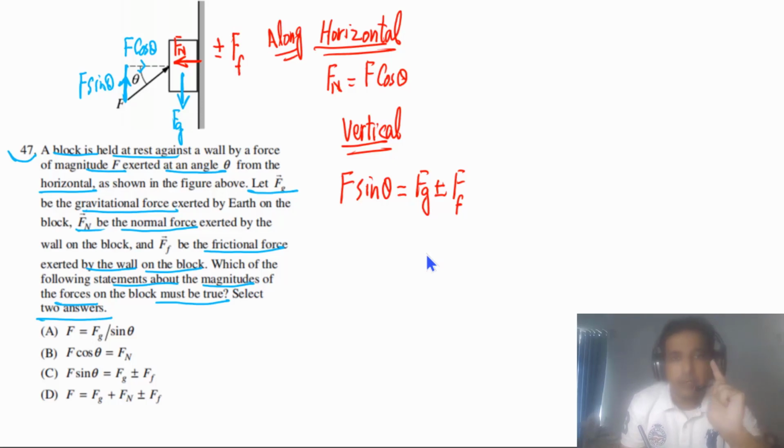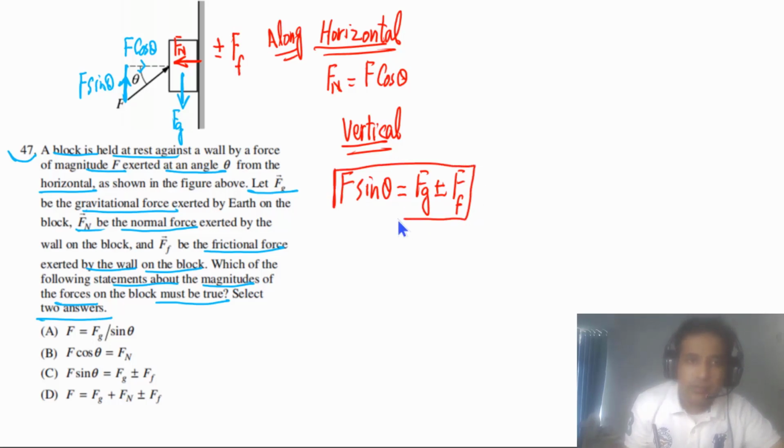If the block has a tendency to go up, friction will be down. If the block has a tendency to go down, friction will be up. So it depends on which way the block has a tendency to move. This is how forces are balanced along vertical, and this is how forces are balanced along horizontal.